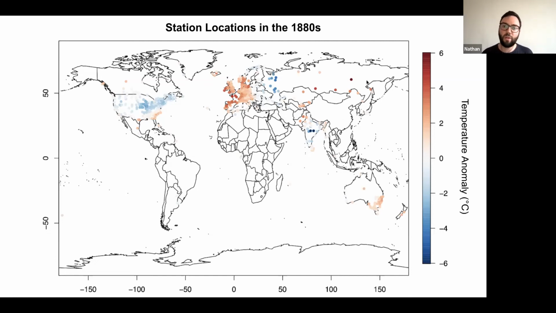There are a few other stations dotted around, maybe in East Asia, one in Africa, and a couple down in Southeast South America. They're in white, so they're hard to see. But we really only have stations in a few parts of the world.